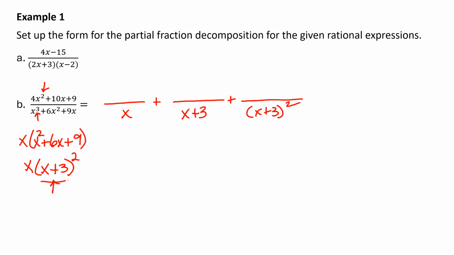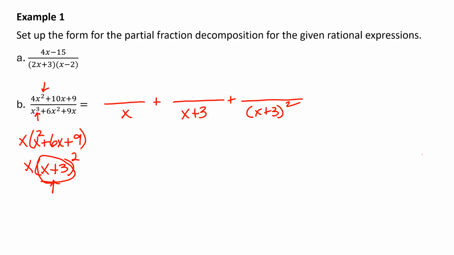So anytime you have some kind of expression in parentheses being raised to a power, you need to write a fraction for first power, second power, however many powers there are. If it was cubed, you'd have to write one for first power, second power, and third power, because that's how it works out. It's not that anybody made that up. It's just that's what happens when you decompose a fraction like this. That's what you end up with.